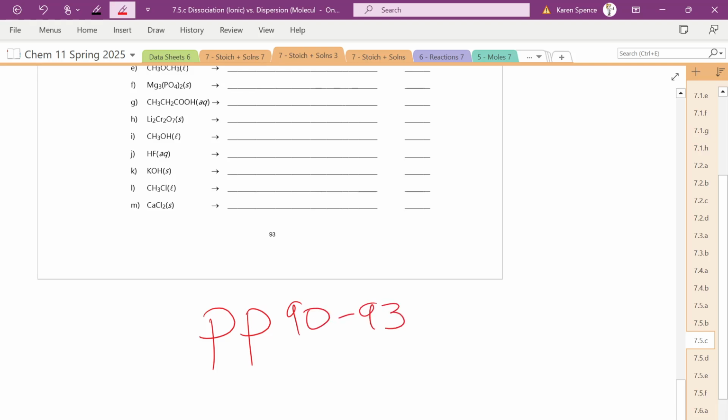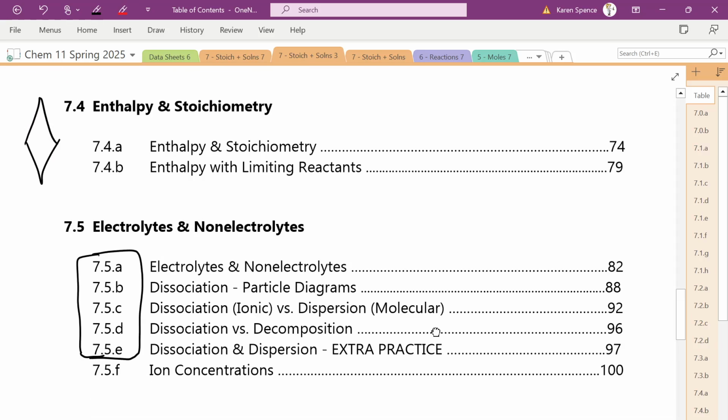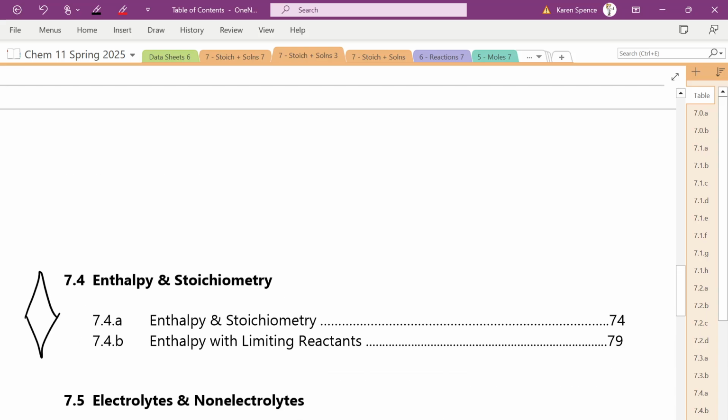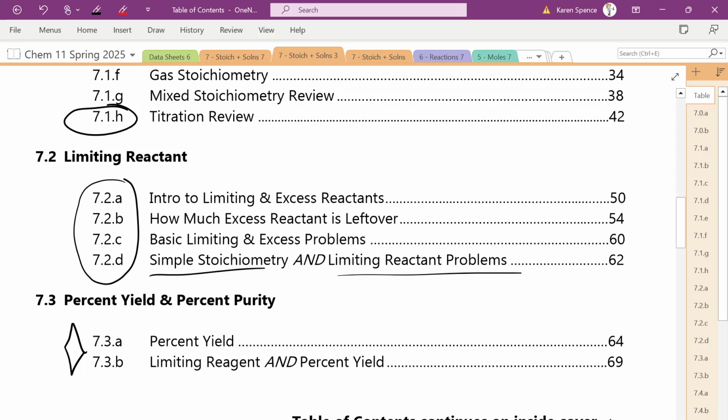And if you finish that today, then I would say probably your next best thing to do is go do the titration review, which is on pages, where's our titration review? Page 42 to 48.